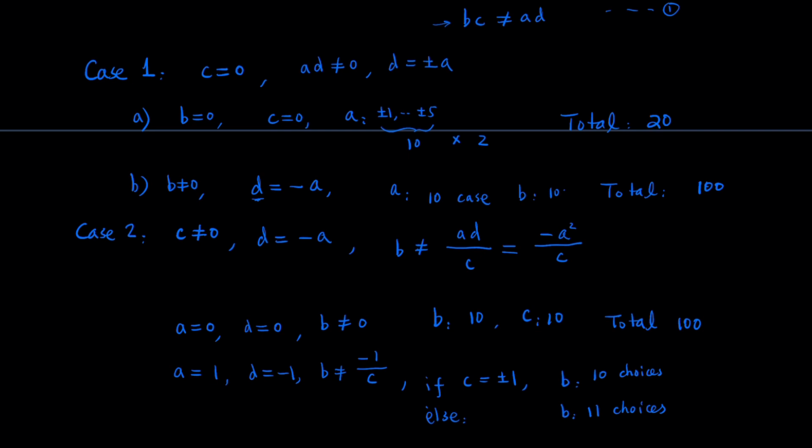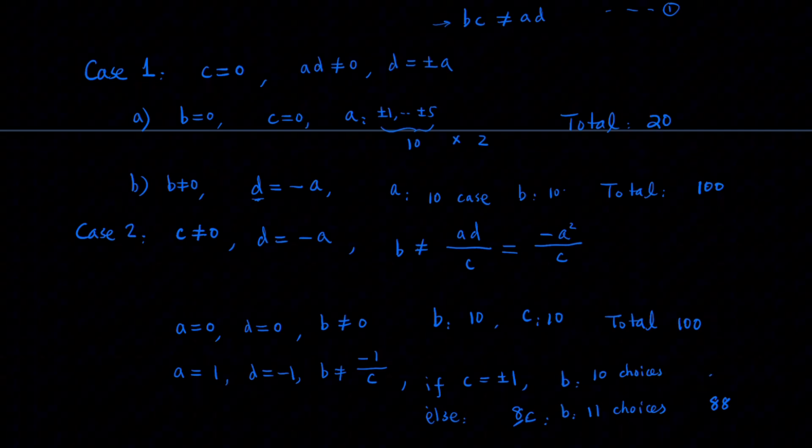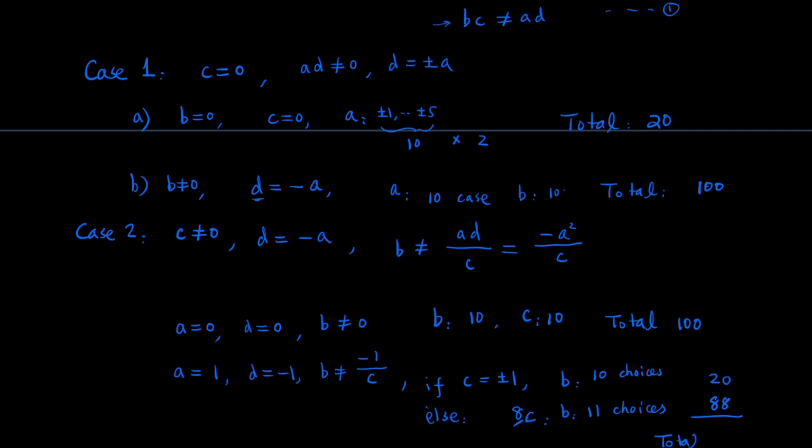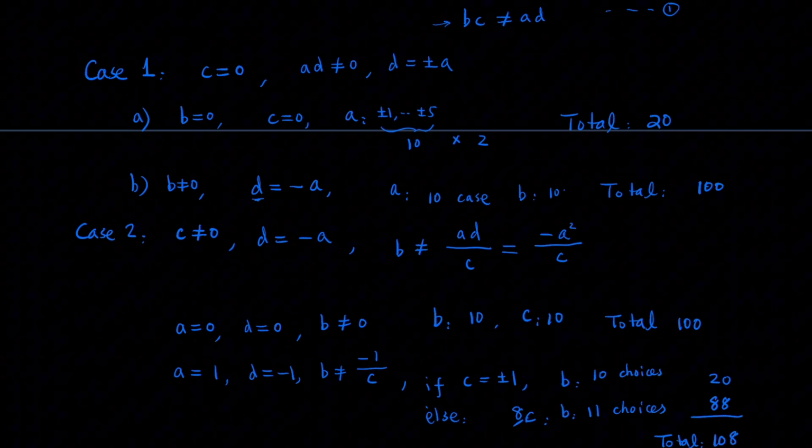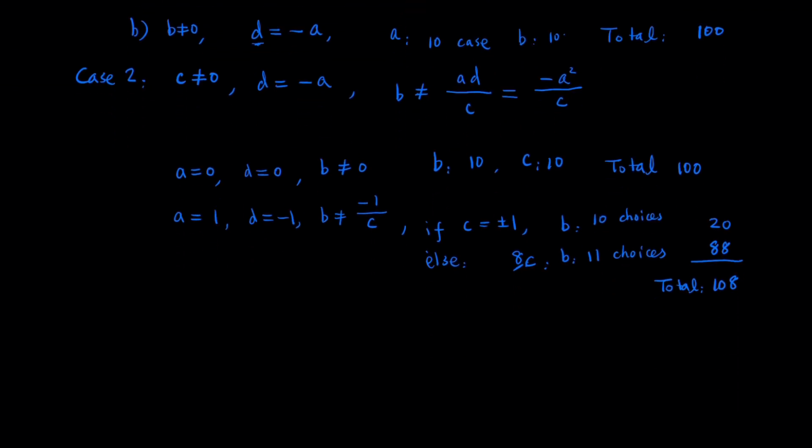Alright? So in the else case, because C not equal to 0, right? So there are 8 cases, right? For the 8 C values. So here's the total 88 total choices for each C. There's 8 different C's. And here we have 2 cases where you have 20. So total is 108. Right? A equal negative 1.